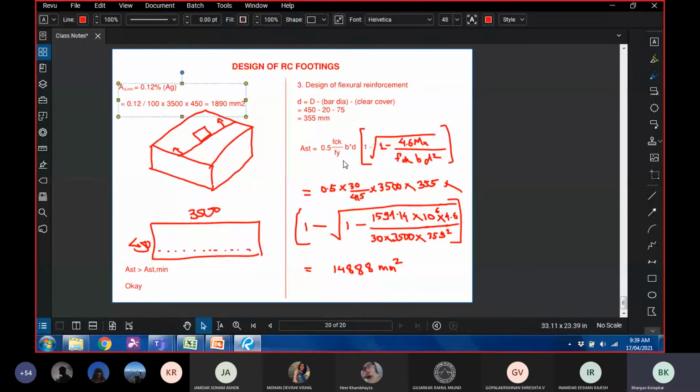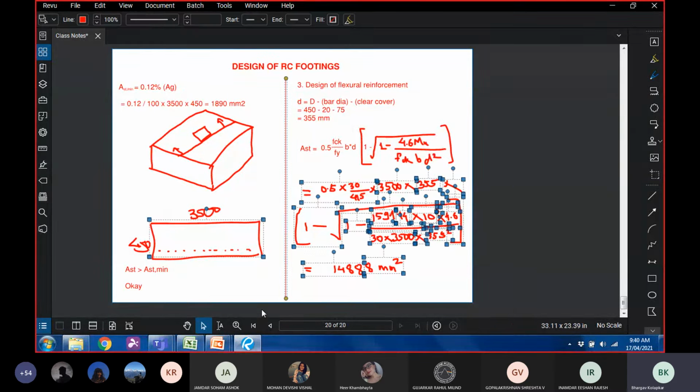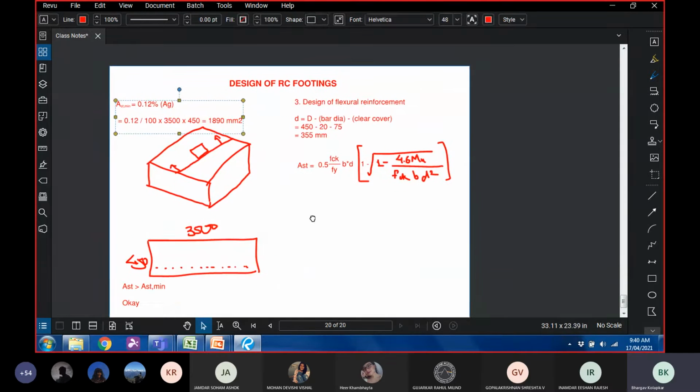So now the only thing is you have to compute how many bars to provide, and how much spacing to provide, and so on.